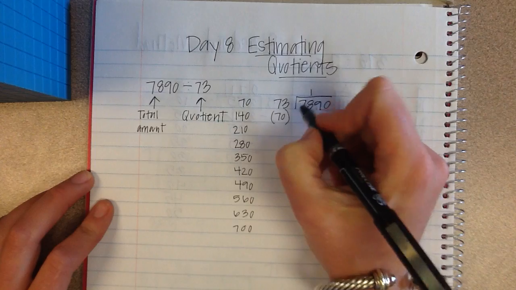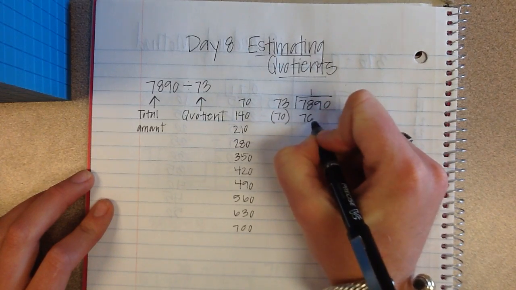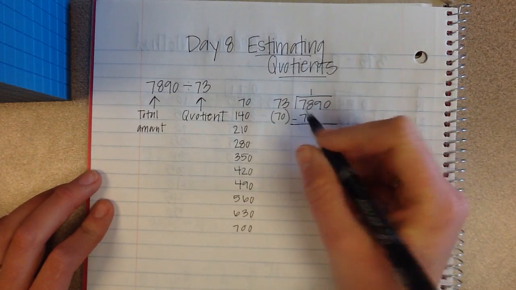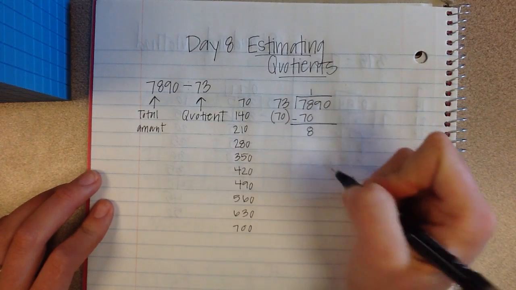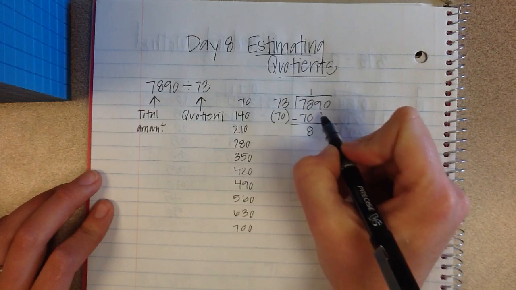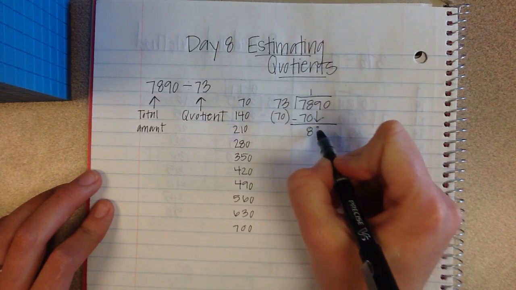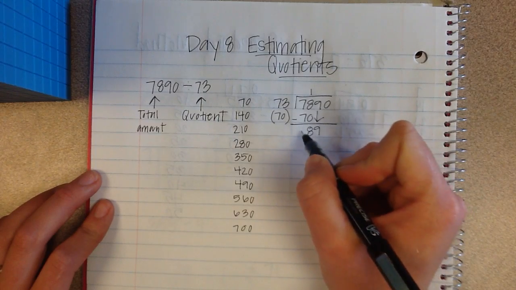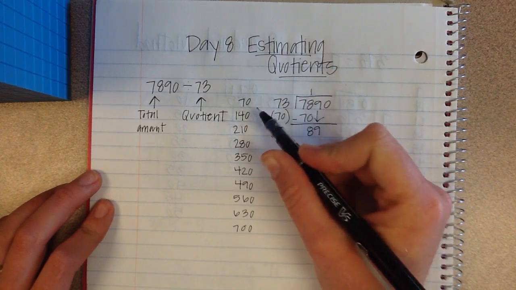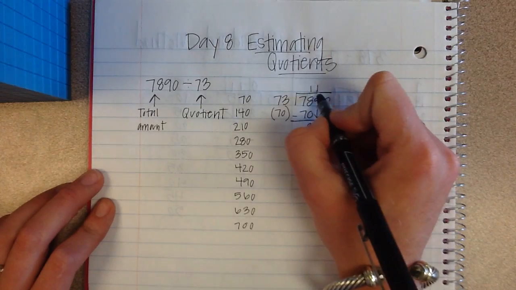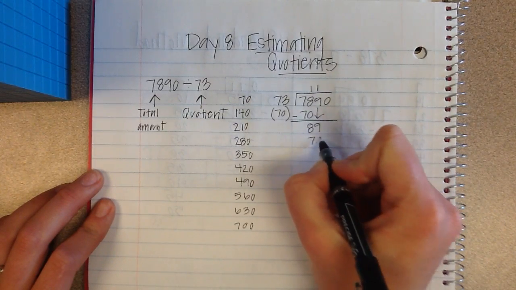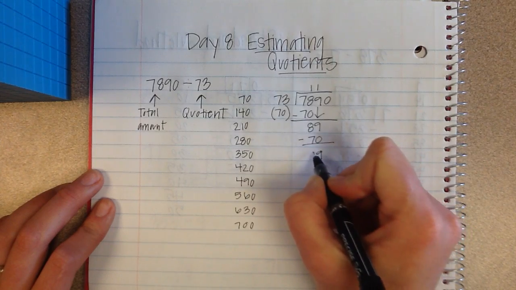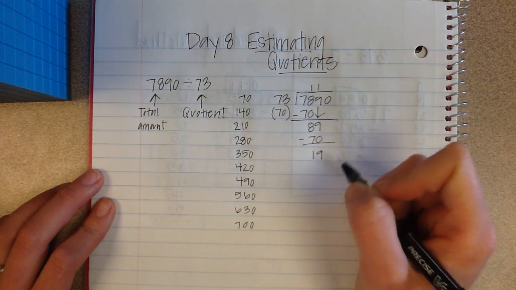Then I'm going to subtract and I'm going to get 8. Because I subtracted, now I'm going to bring down my 9. Does 70 go into 89? I know it goes into it one time without going over. Going to subtract. Now I get 19.